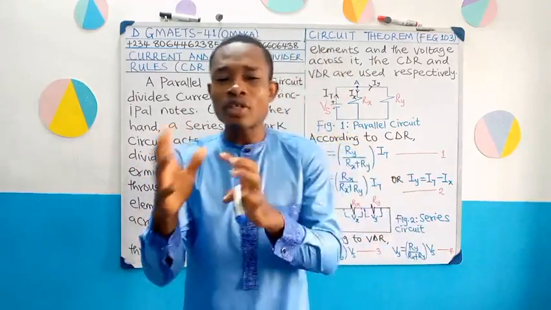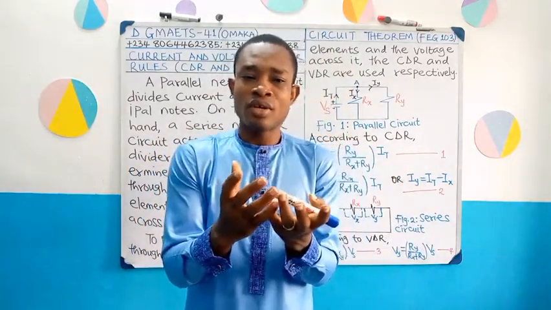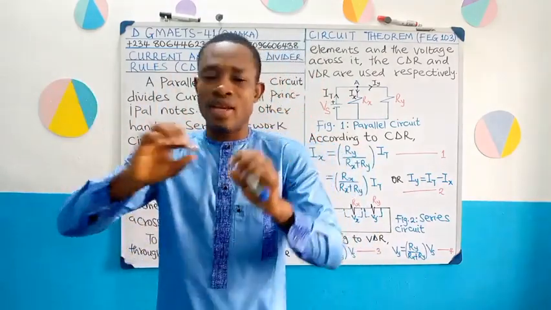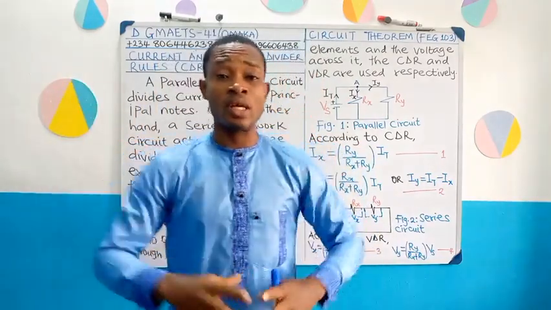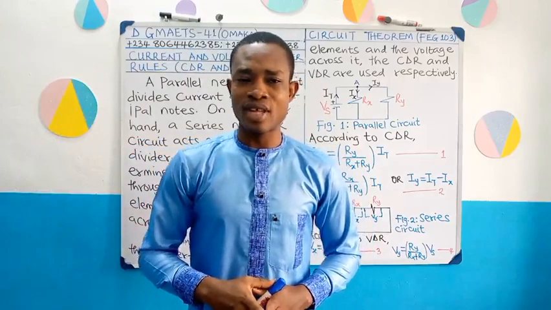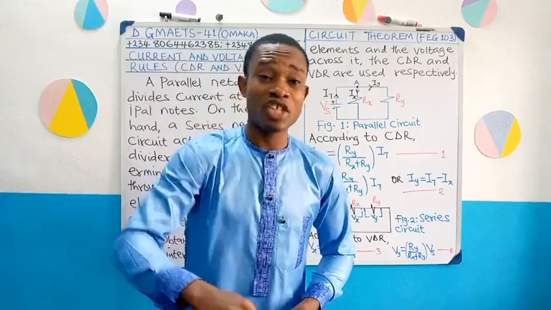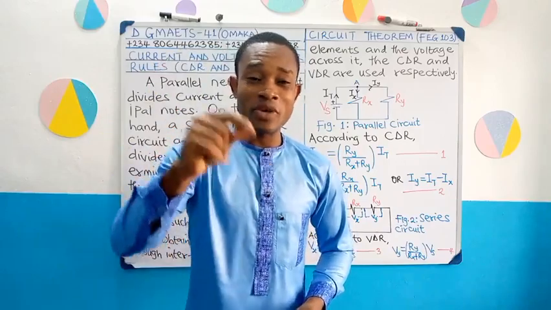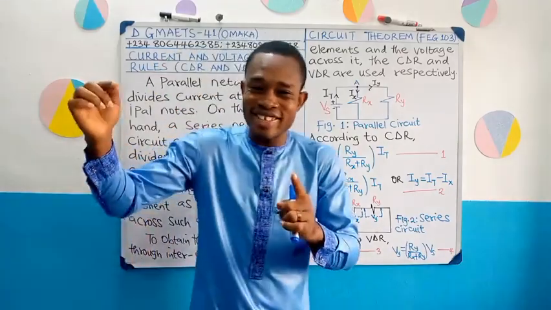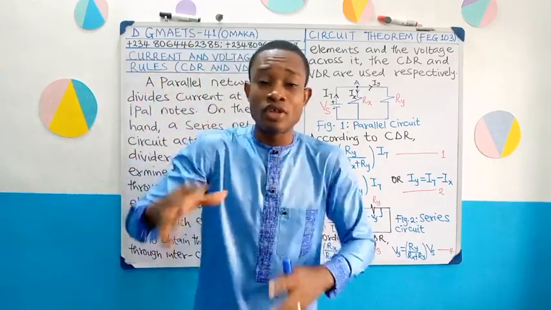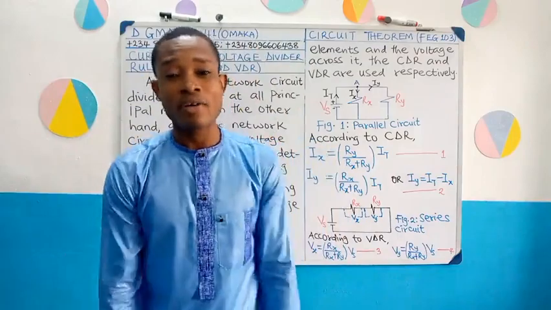That is going to help us to know when current divides and when it passes through two or more resistors serially. I established the fact that at all principal nodes, principal junctions, current shares. And if current shares at a principal node, it simply tells us that any resistor, or resistors, that are connected to that principal node, those resistors are in parallel.